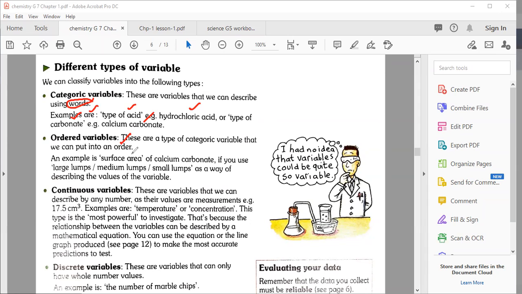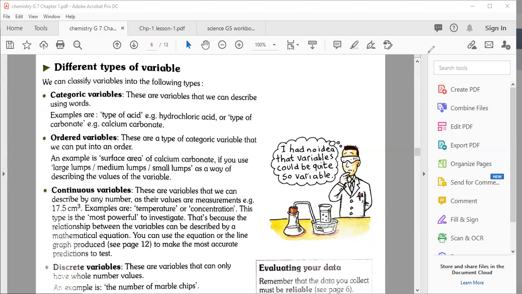For example, surface area of calcium carbonate: large lumps, medium lumps, small lumps, as a way of describing the value of the variable. Then continuous variables. These are variables that can be described by any number. Variable means changing; the values are going to change. Our measurements, for example, 17.5 centimeter cube. Then it will change after that.